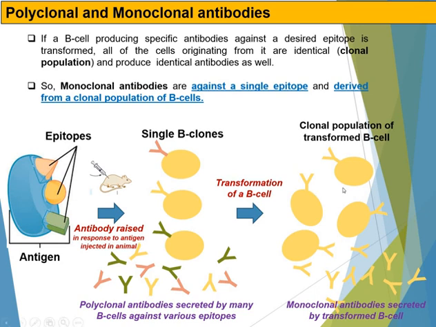This will divide and redivide to make identical cells, and this population of identical cells would be known as a clonal population. And this clonal population, because they are derived from a single cell, would be producing identical antibodies. They would be called monoclonal antibodies.